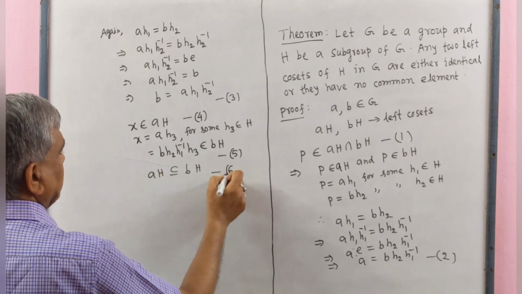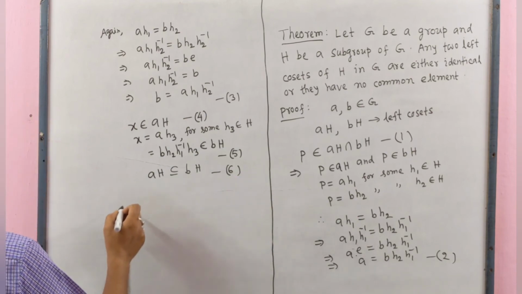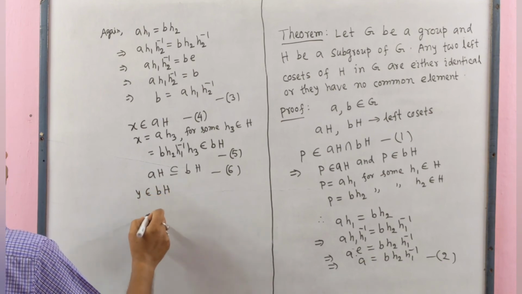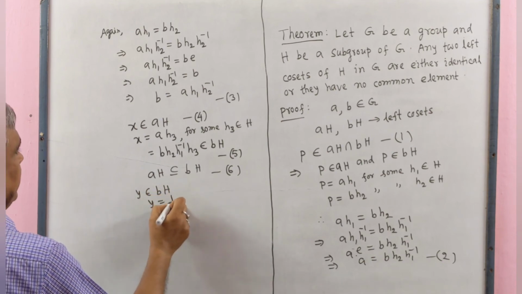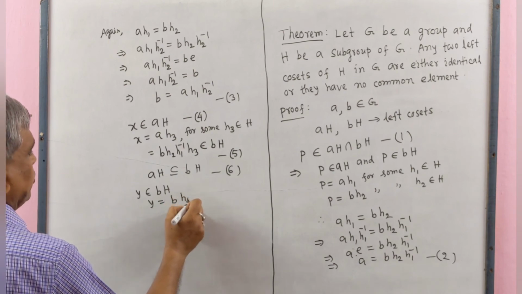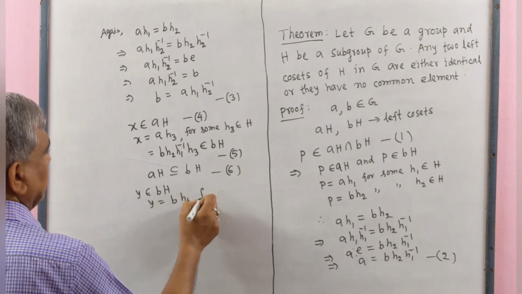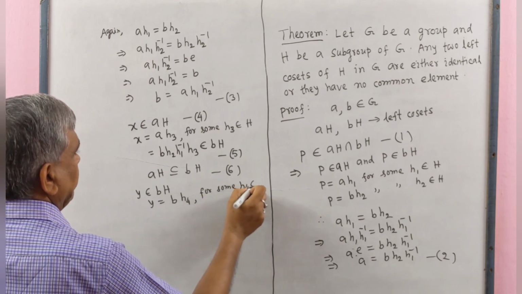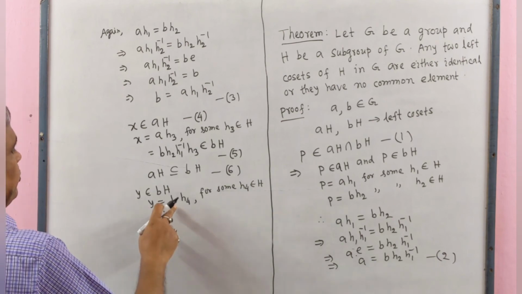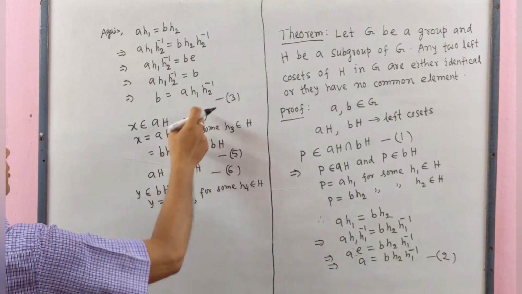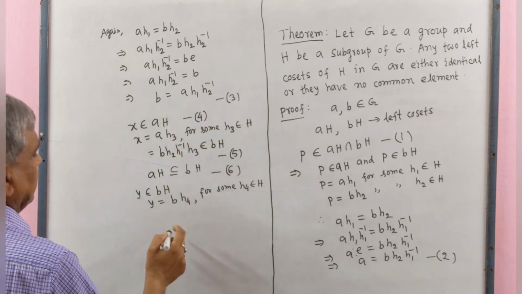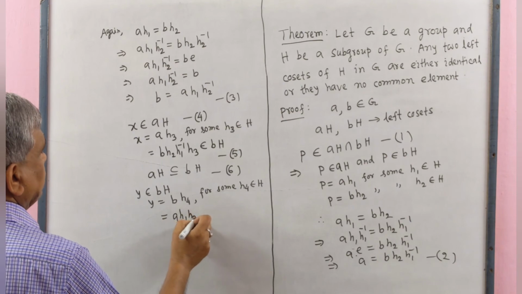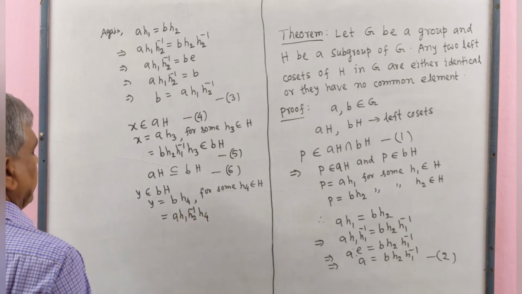This is number 6. Again, let y belongs to bH. We may write y equal to b and some element h4 of capital H, for some h4 belong to capital H. We may put the value of b taking from 3: a, h1, h2 inverse, h4.